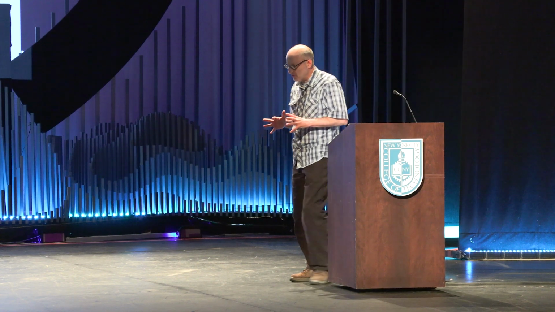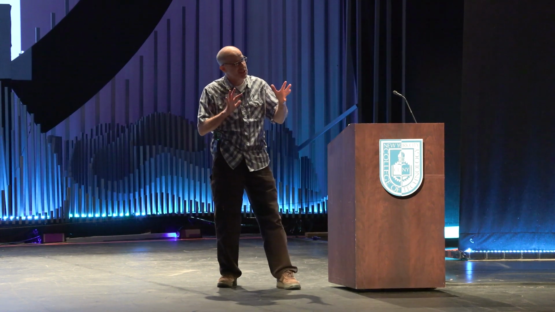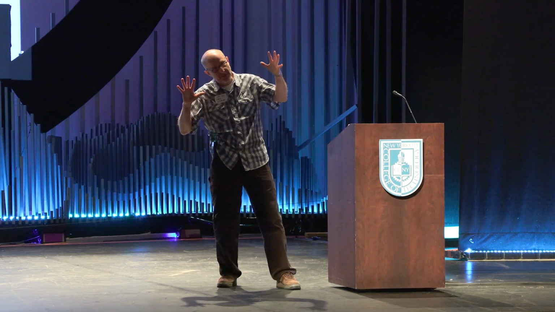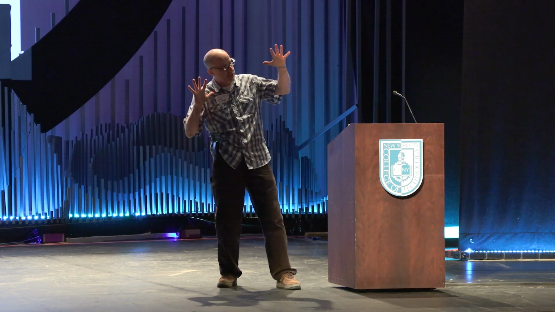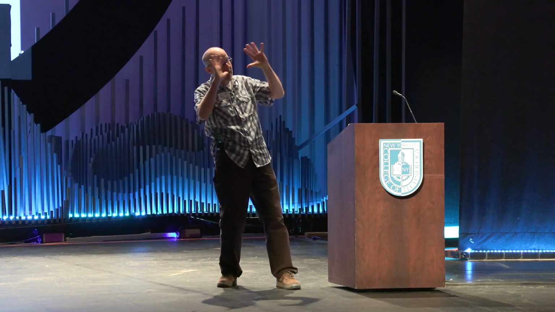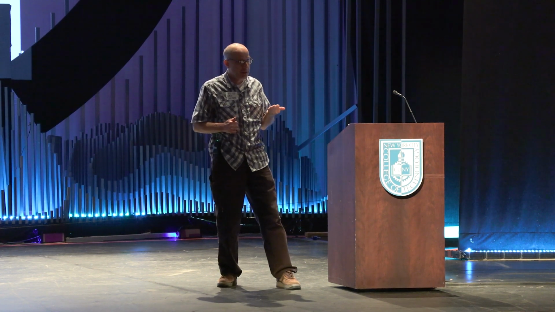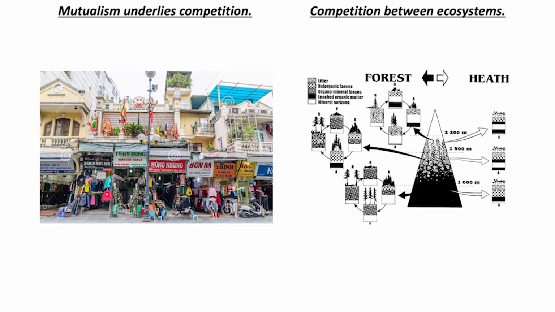So this field of process ecology also, as I said, just takes a slightly different view. It takes everything that we know about ecology and turns it and looks at the whole package in a slightly different way. One of the issues that it clarifies is the role of competition in ecological systems.